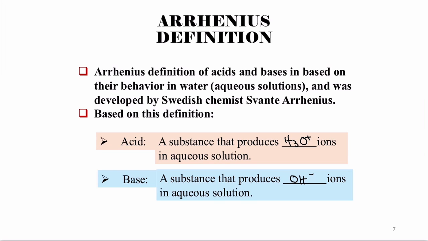And so this is something that directly produces that. However, we know there are other compounds that do make solutions acidic or basic, meaning that they do produce H3O plus ions or OH minus ions, but they don't do it directly by donating that to solution. Like hydrochloric acid gives its proton to water and creates H3O plus.